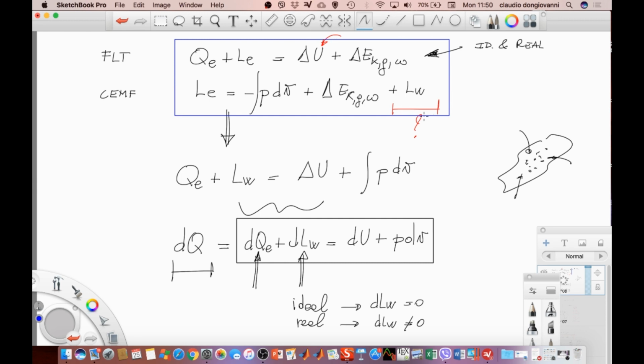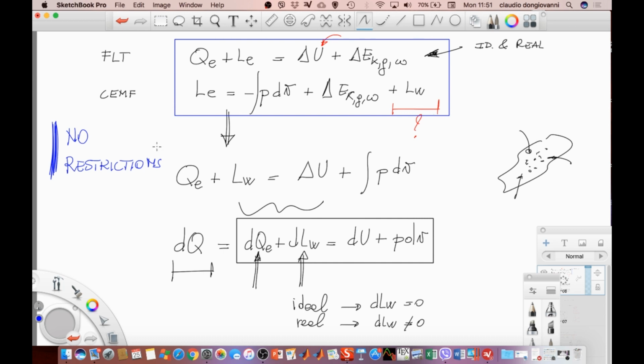Always. Okay? No restriction. All problems can be studied by using this relationship. This is the formulation that we obtain for a closed system.